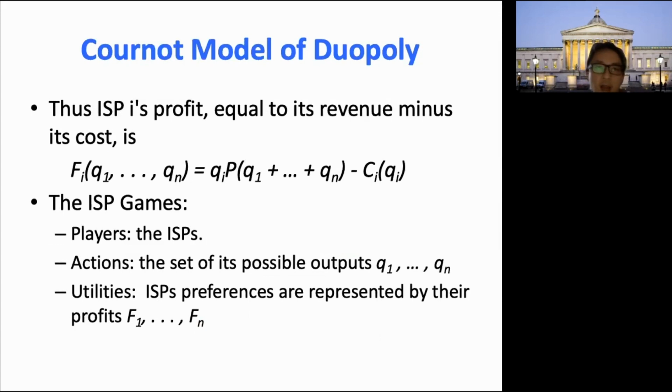Then you can write down the payoff function, or the reward, for each of these agents, and the goal of each is to maximize this.